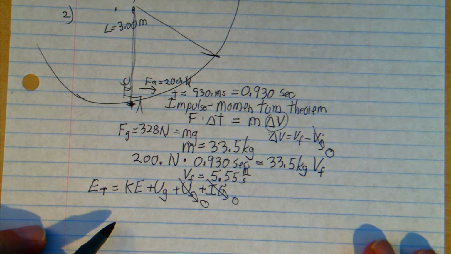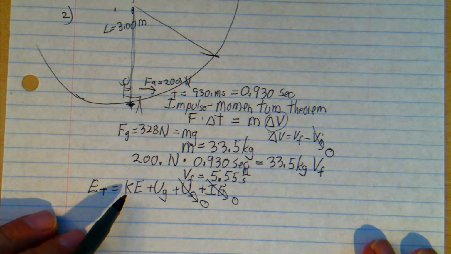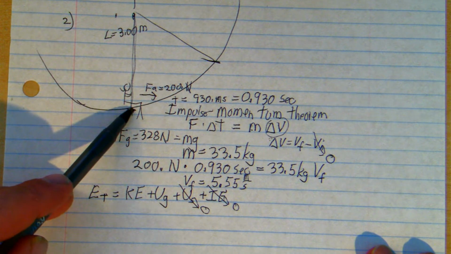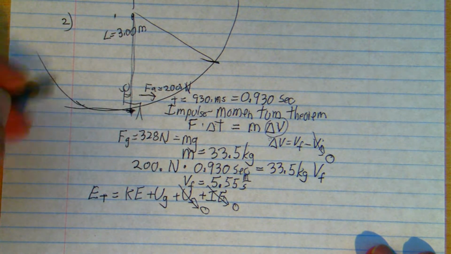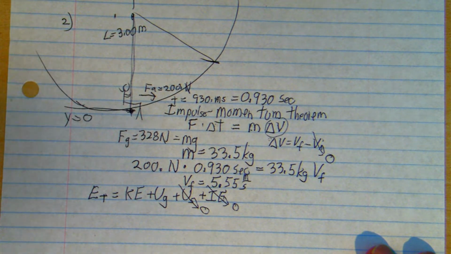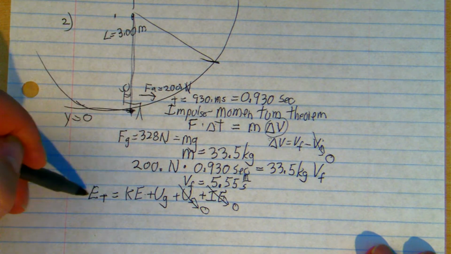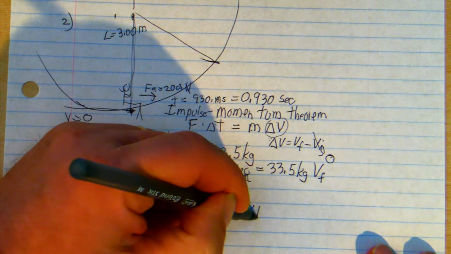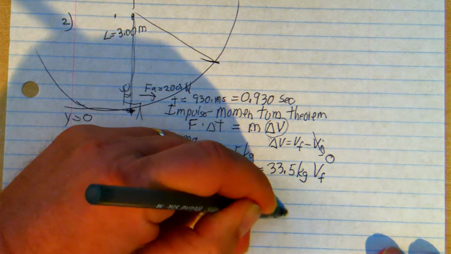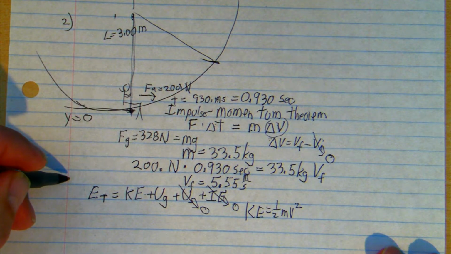So if I calculate her kinetic energy at the bottom of the swing and take the bottom of the swing to be 0 height, I'll have her total energy. All right, well, KE equals 1/2 mv squared.